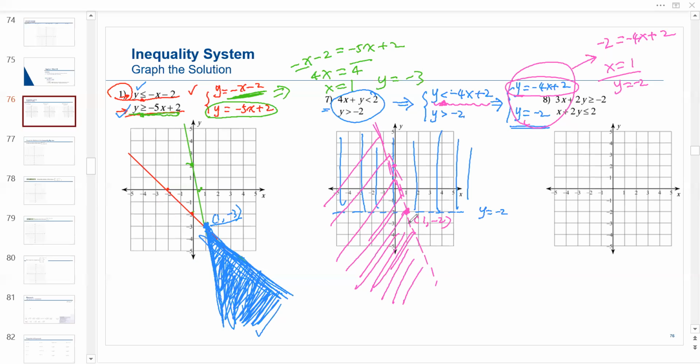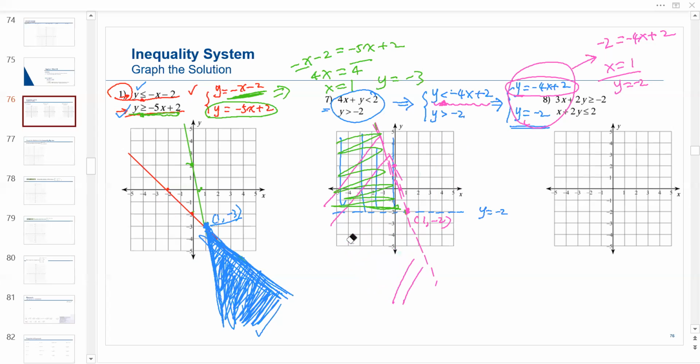So what's the overlap area? The overlap area actually is right here, this part, right? Do they include this one? No, because the line is not part of the area. Do they include this dot, these kinds of borders? No, because of the dash line neither. So we have to erase this part.